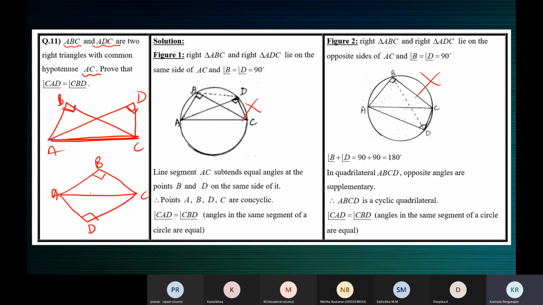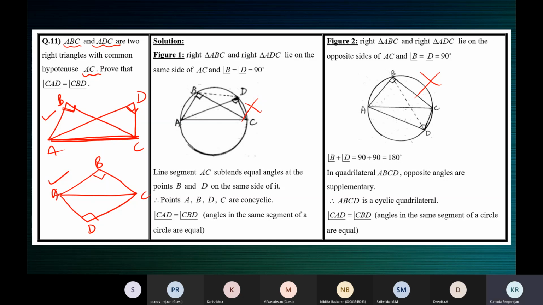Here, ABC, ADC are on opposite sides of AC. Do we understand these two figures? Yes or no, children? Yes, ma'am.